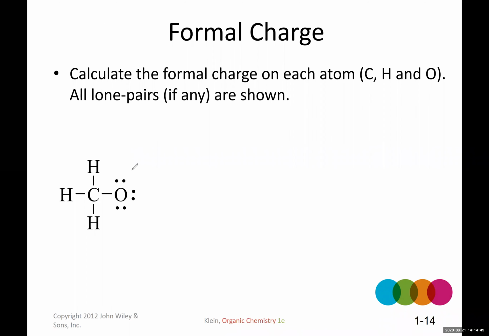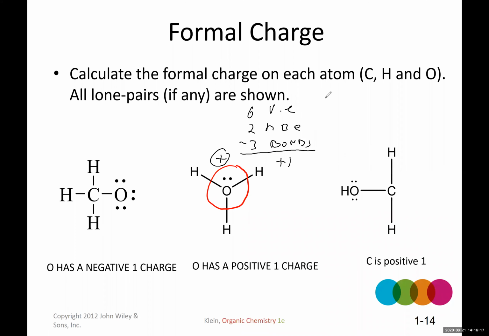We have 3 bonds. So we now have 6 minus 2 minus 3, that's plus 1. So the charge on this oxygen is positive 1. The oxygen has a positive charge on it.